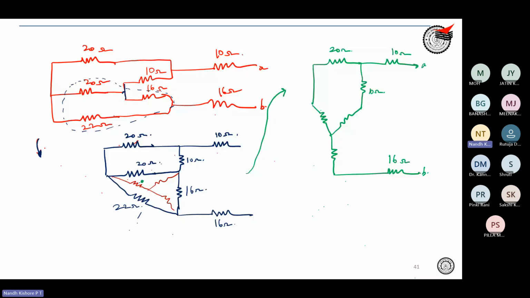So what is this resistance? It will be 20 into 22 divided by 20 plus 22 plus 16. This resistance will be 22 into 16 divided by the same denominator. And similarly, this will be 20 into 16 divided by this.